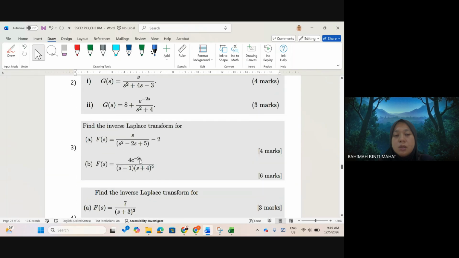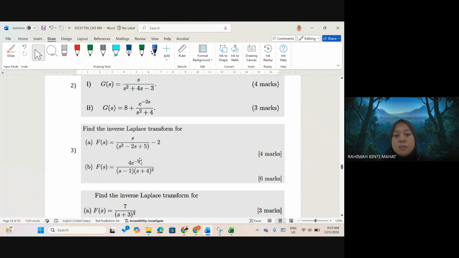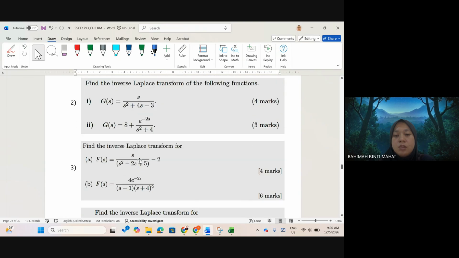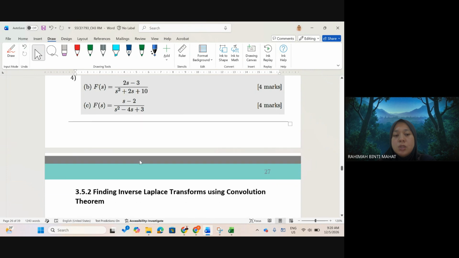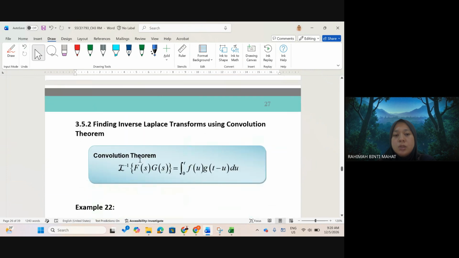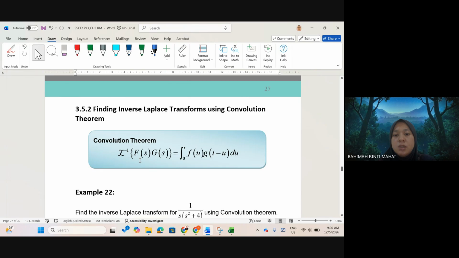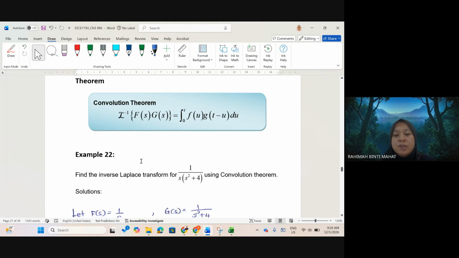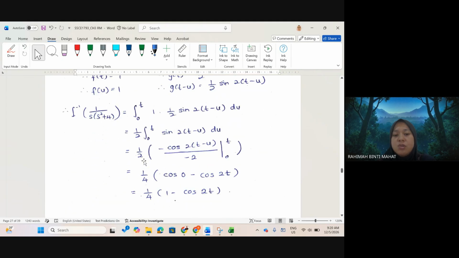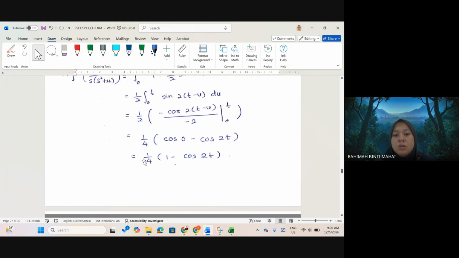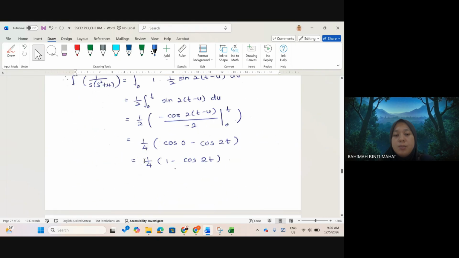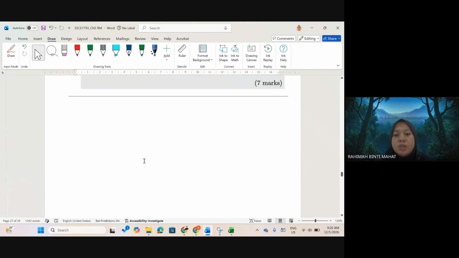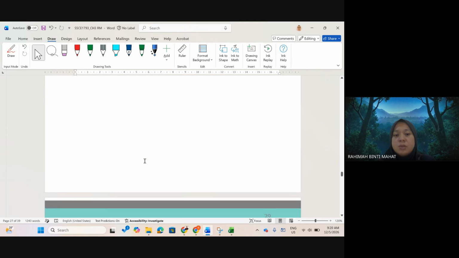Okay. So next week we are going to learn about finding the inverse Laplace transform using the convolution theorem. Okay, please learn and study first. There is the solution for you as well. This one is just one example only, but maybe you can try to solve this one.